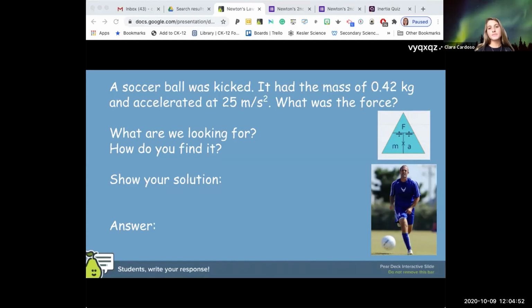10.5. Yes, that's right, Clara. It's 10.5. And if I didn't tell you, force, its unit of measurement is N or Newton. Okay, unit of measurement for force is Newton.